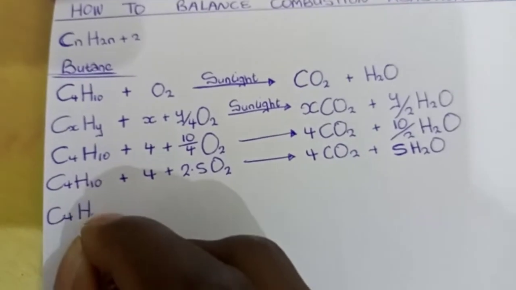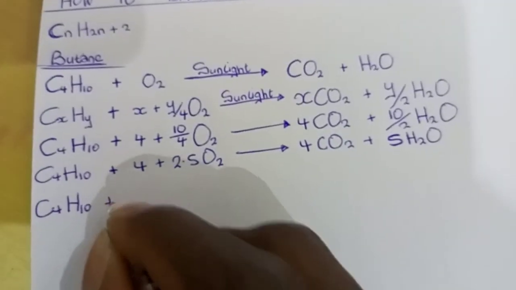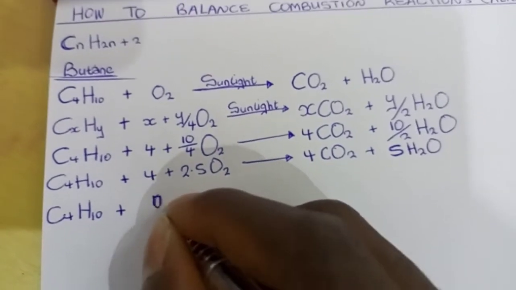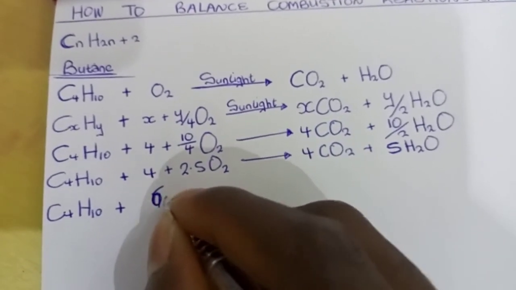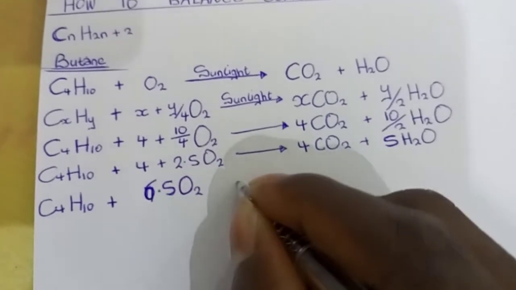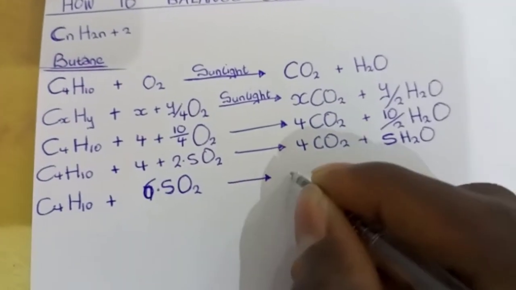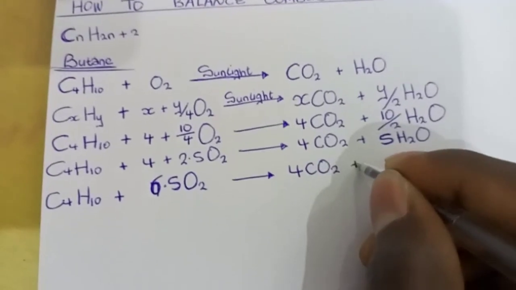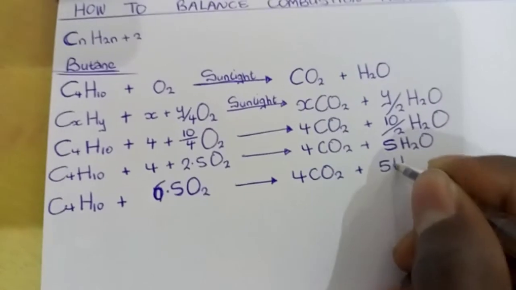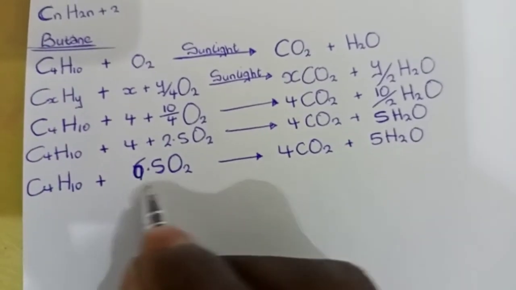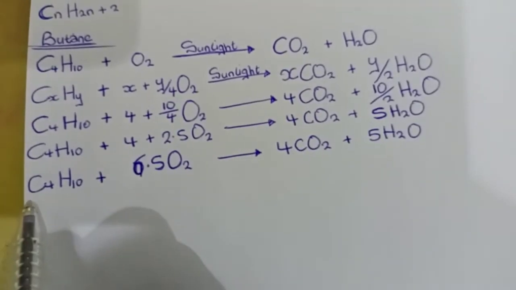C4H10 plus 4 plus 2.5, that will give us 6.5 O2, gives 4 CO2 plus 5 H2O.